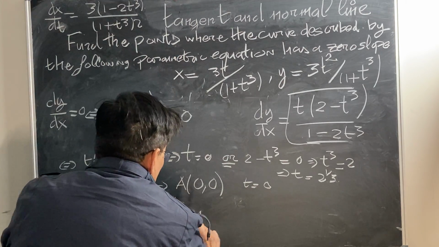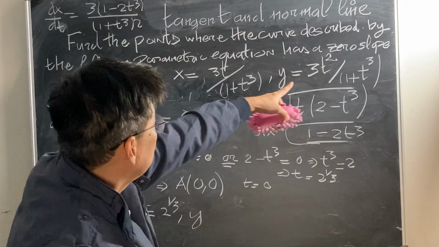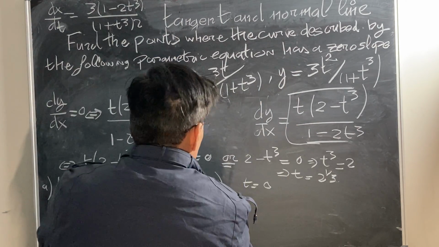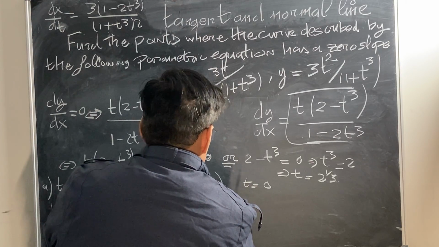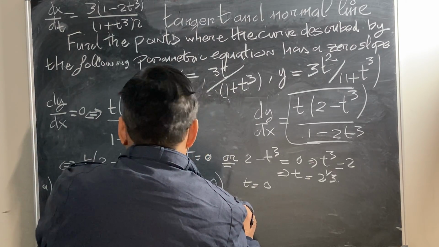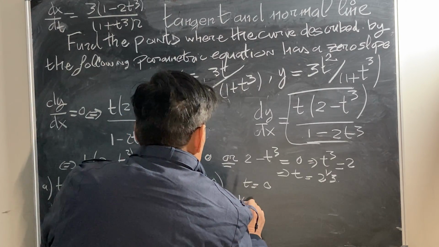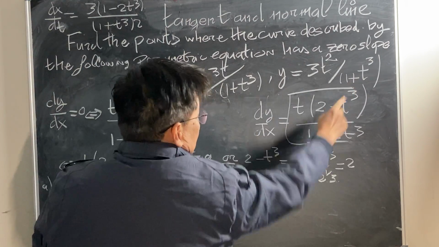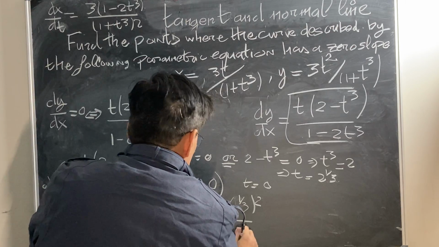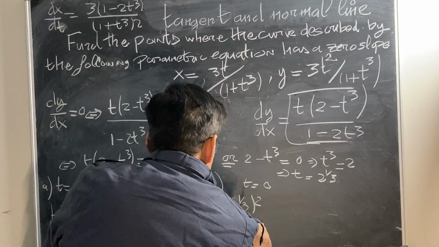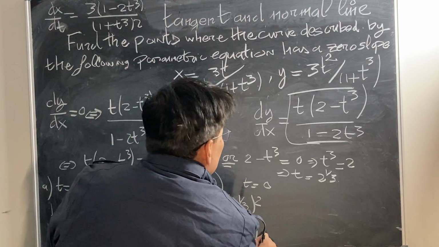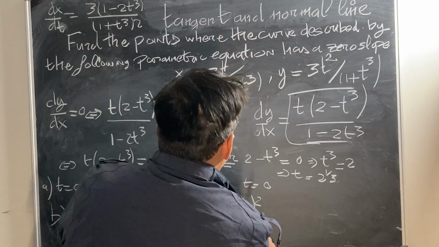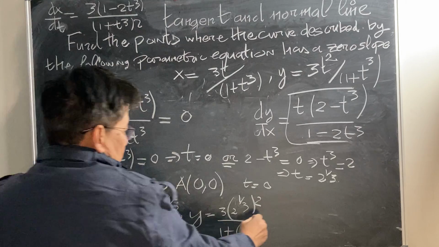How about y? So substitute 2 to the 1/3 over there, at t equal to 2 to the 1/3. Then y equals 3 times (2 to the 1/3) the whole thing squared, divided by 1 plus 2 to the 1/3 the whole thing cubed.